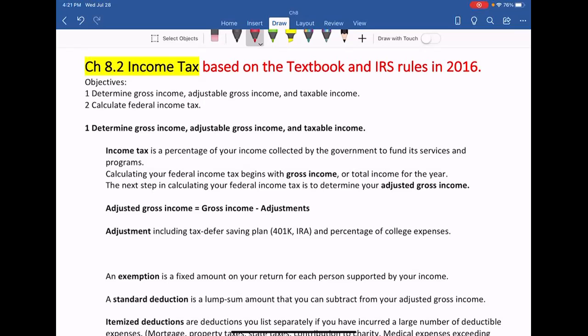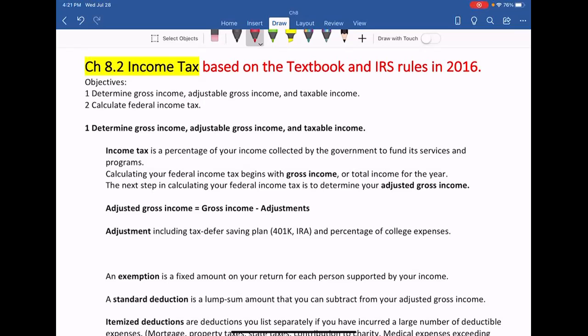You still need to use this kind of formula to find the income tax, just to understand how the income tax is computed.